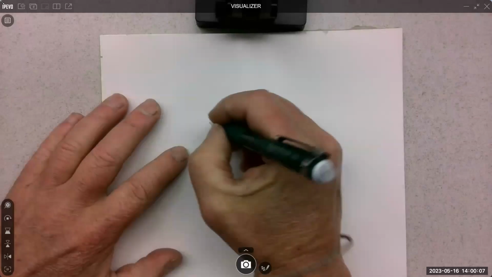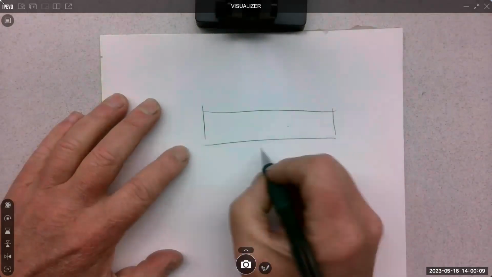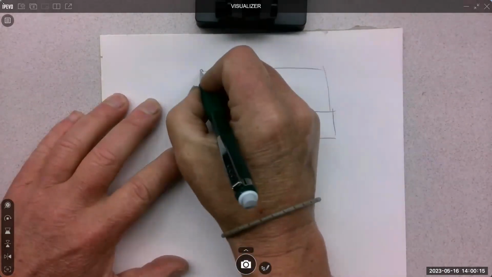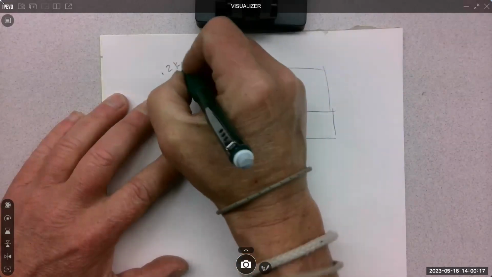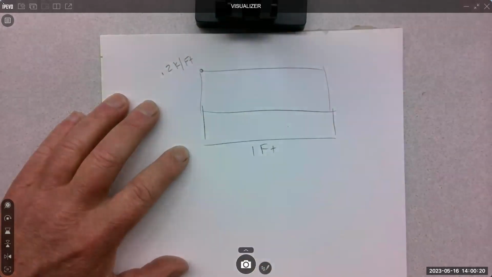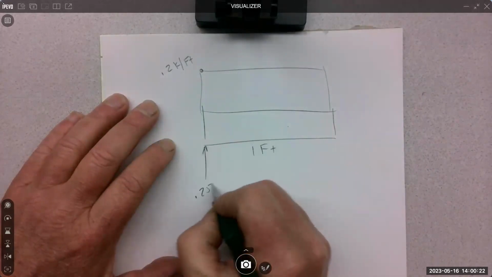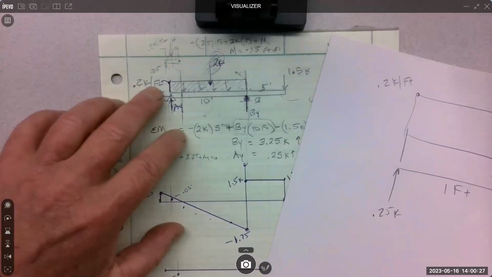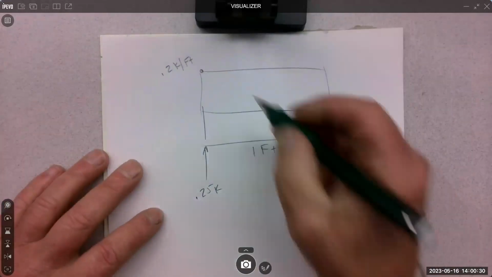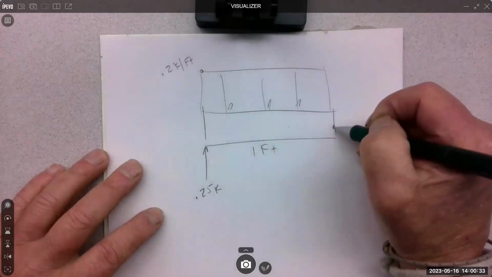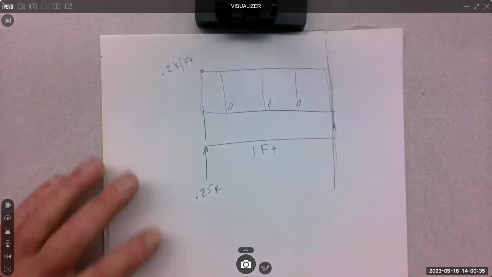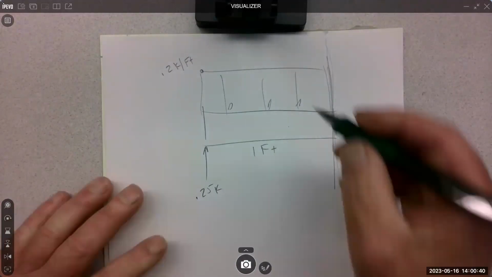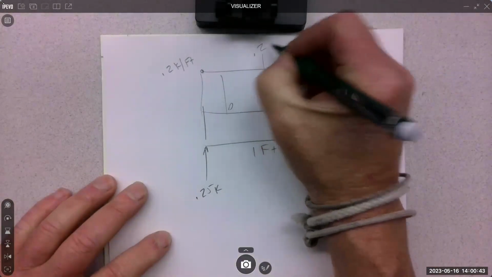Here's a blow up of it. Here's our beam, our 1 foot, our distribution, 0.2 kips per foot, right? And 0.25 kips. I got all those numbers right? 0.2 and 0.25, yeah. And this is our 1 foot section. So then we concentrated this and said, okay, that's 0.2.